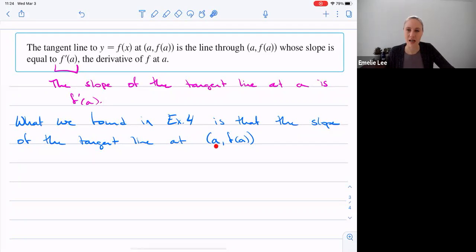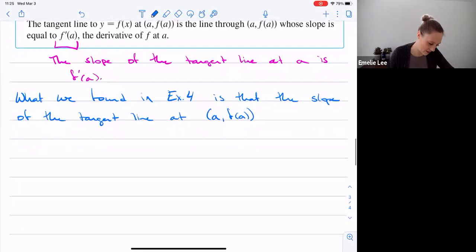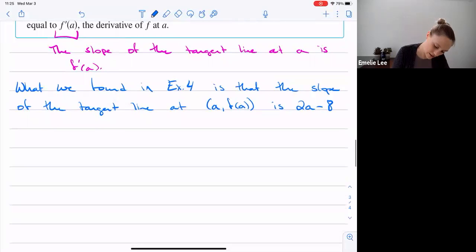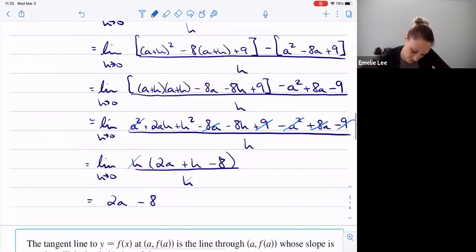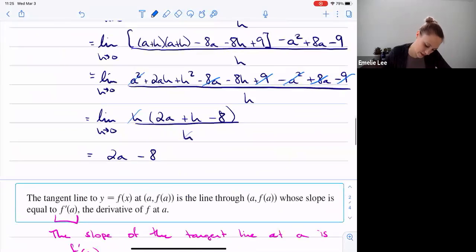So at a, f of a is the xy point at a. So what we found is that the slope of the tangent line at a, f of a, is 2a minus 8 at x equals a on f of x equals x squared minus 8x plus 9.